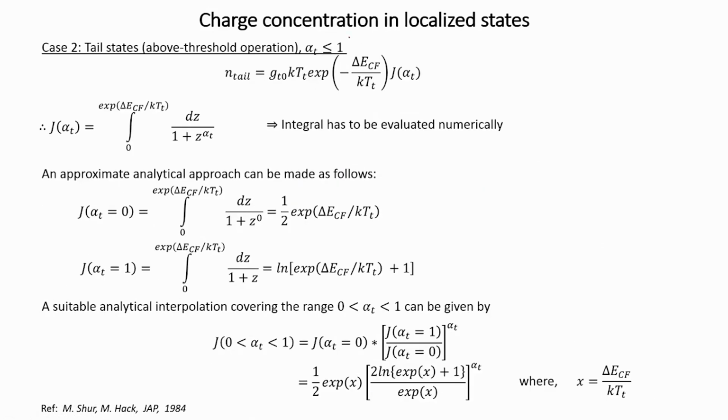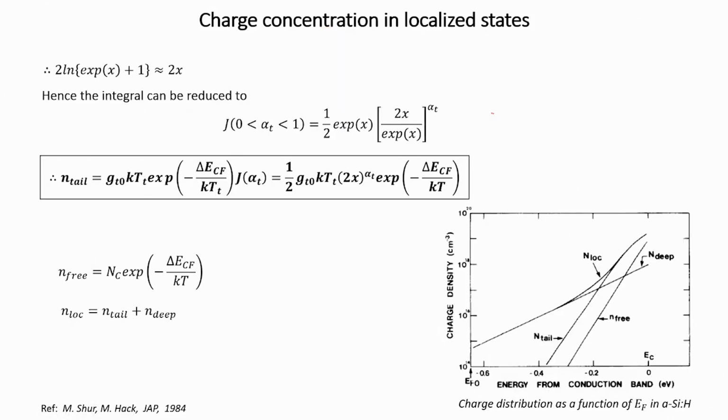And on the other hand, if alpha is less than 1, which happens to be the case for tail states, so the characteristic temperature for the tail states is less than the ambient temperature, then the same integral gives you a very different answer, which looks like this. Okay. So as I mentioned, the mathematics is a bit involved, but I am trying to keep the focus on the approach.